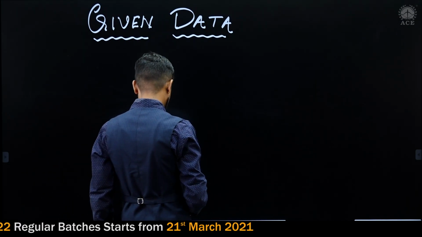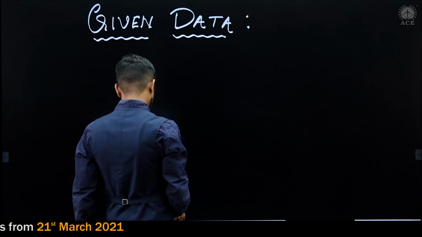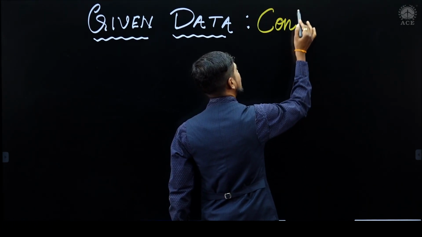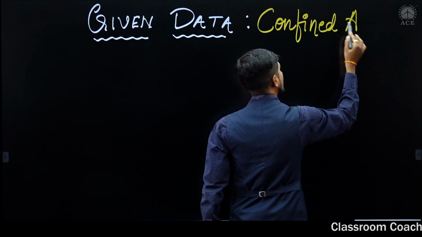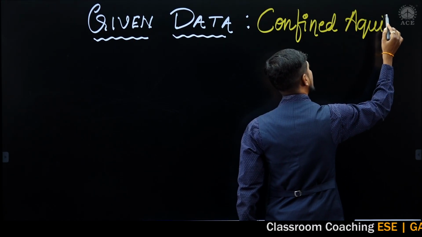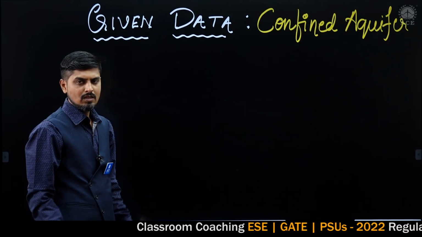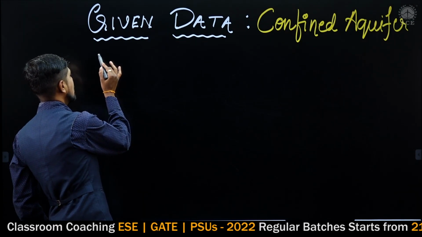So first thing, it is a confined aquifer problem. The diameter is given as 20 centimeter, so the radius will be 10 centimeter.